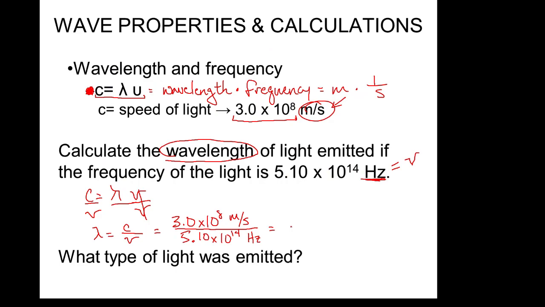Oh, I screwed up. Let me type it again: 3 times 10 to the 8th divided by 5.10 times 10 to the 14th. Here we go, this answer will be better. You get 5.88 times 10 to the minus 7th.